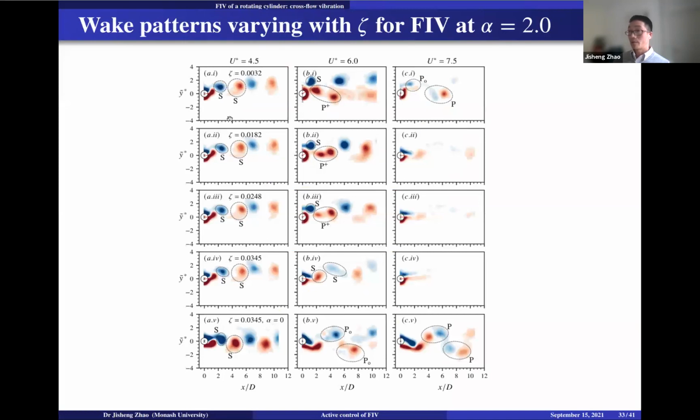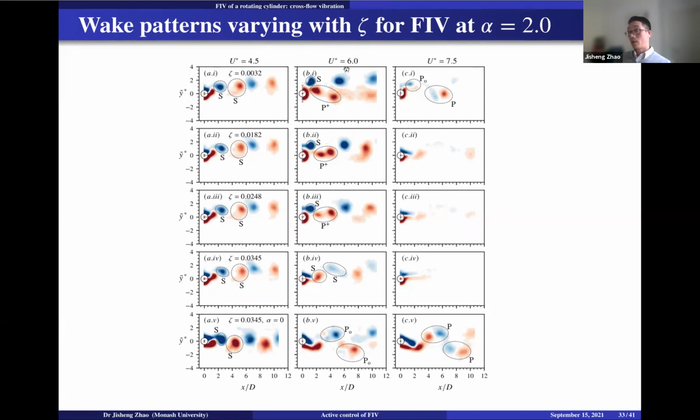Then we look at the flow patterns, from the initial branch, the upper branch and lower branch, and how they change with the damping ratio, which increases along the column, compared with the non-rotating case. For the initial branch, it's like 2S mode, but for the rotating case it's deflected by the rotation.